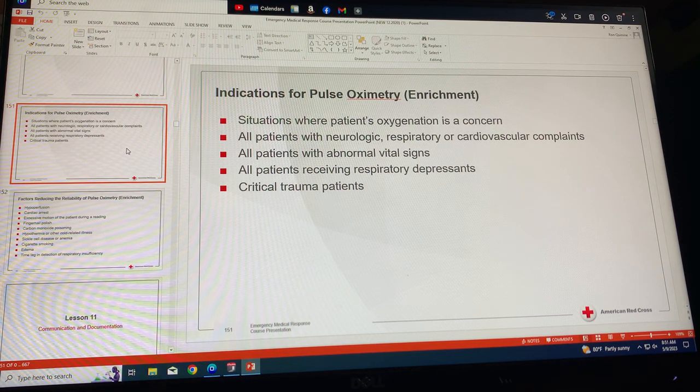Next is critical trauma patients. Pulse oximetry should be taken and recorded with vital signs for stable patients every 15 minutes and reassessed and recorded at least every 5 minutes for unstable patients.